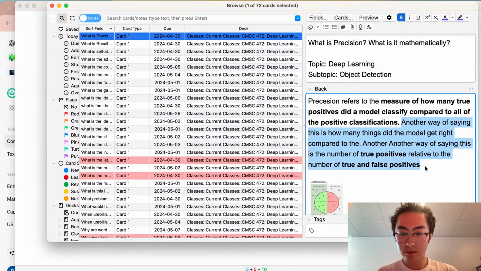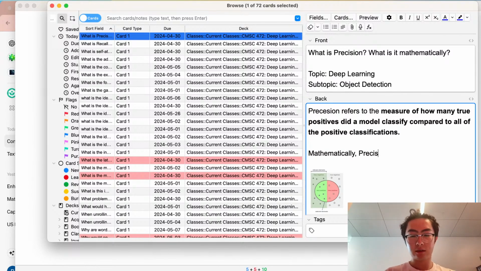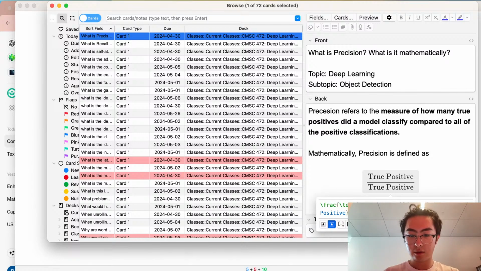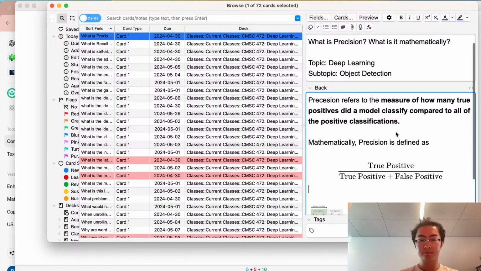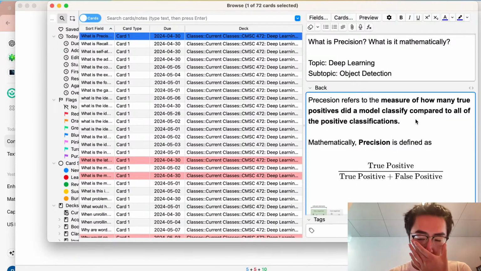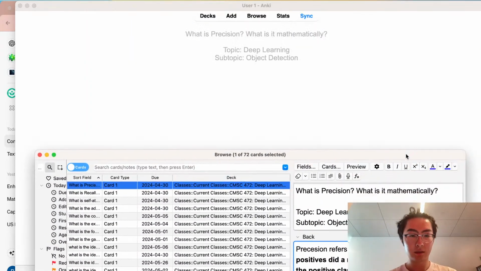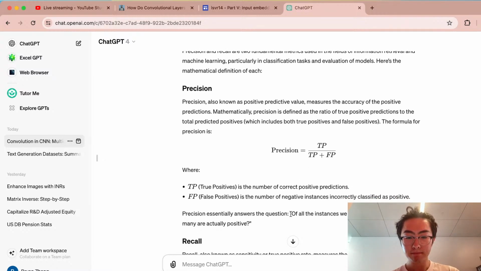Right. Mathematically, precision is defined as true positive over true positive plus false positive. ChatGPT says that precision is answering, of all the instances.